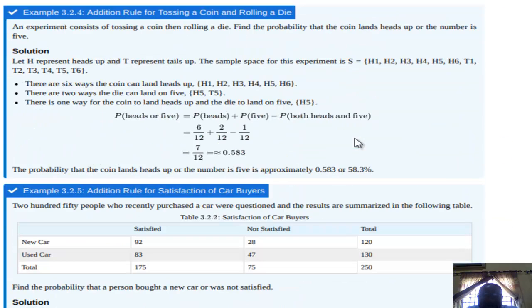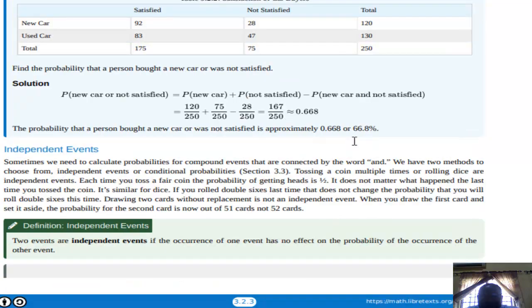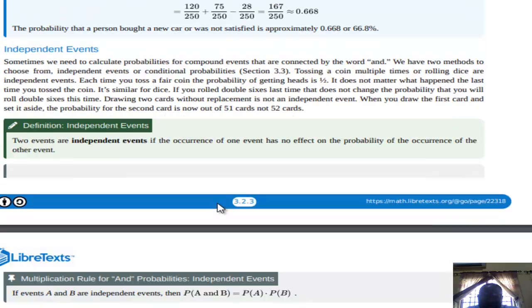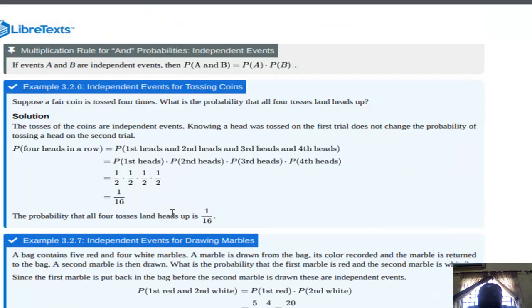Now let's look at "and". But before we do, let's look at this definition. Two events are independent events if the occurrence of one event has no effect on the probability of the occurrence of the other event. For example, if I throw a coin two times, the fact that head comes up the first time does not mean head will come up the second time.